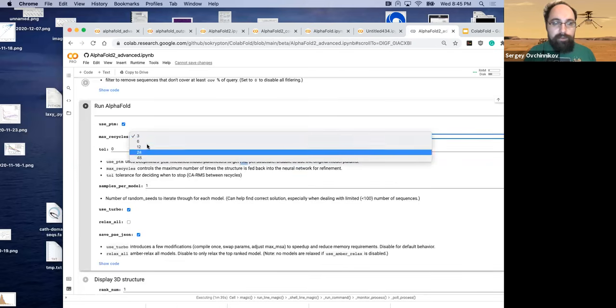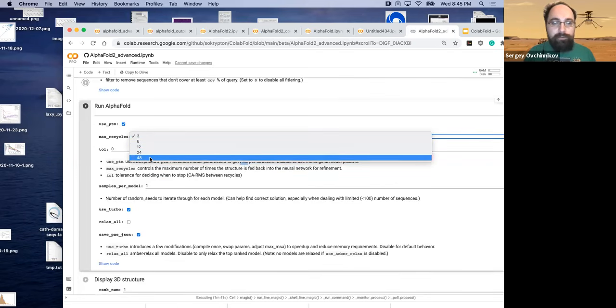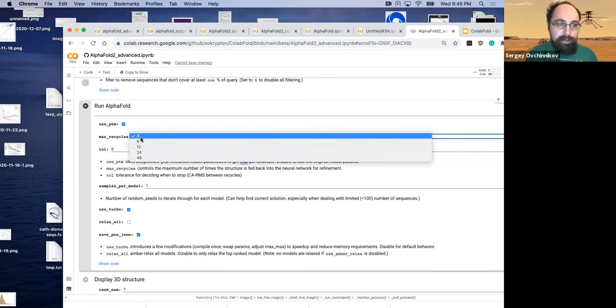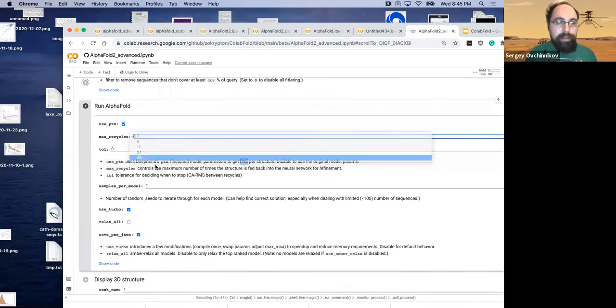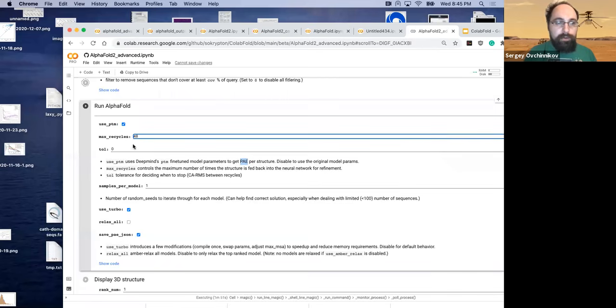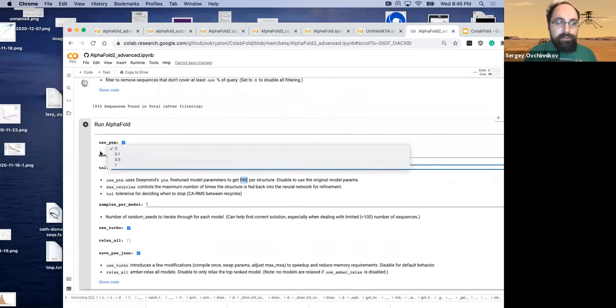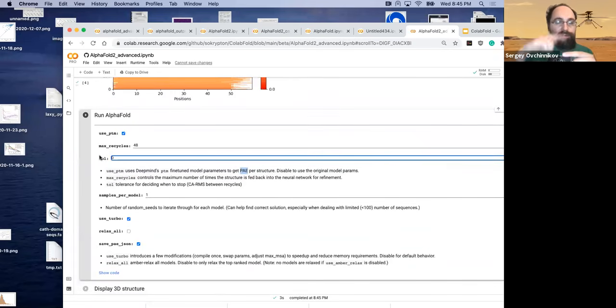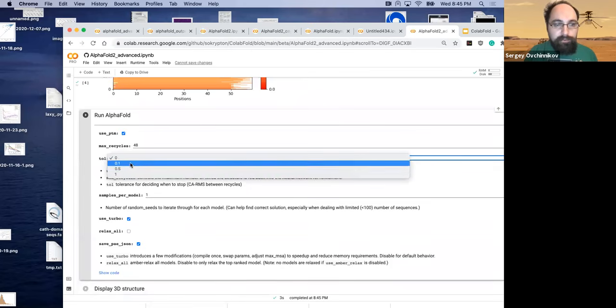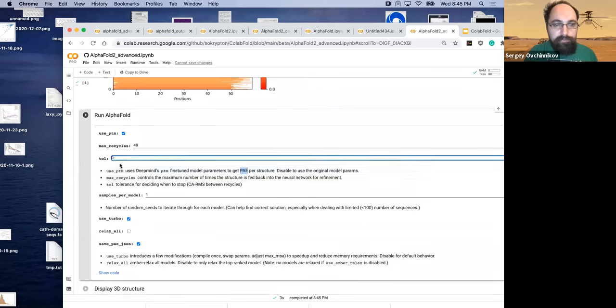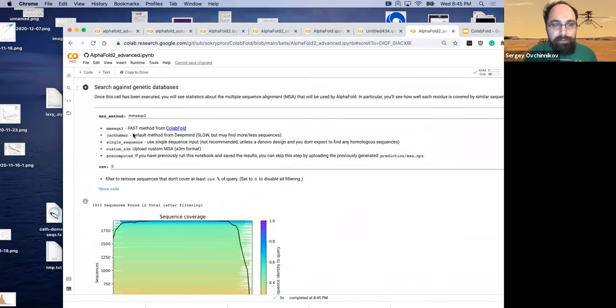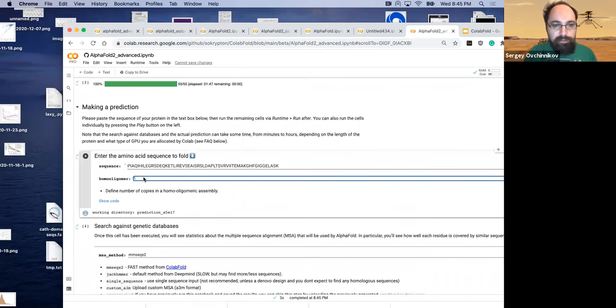And here I now have the option to specify the number of recycles. If you set, for example, 48, this is going to take a really long time. So if you do set a really large number, I would also recommend setting a threshold. What the threshold does is it runs each recycle, and as soon as it hits a point, so in this case, let's set this to 0.5. And just to make this a little more interesting, let's set the recycles to 4.